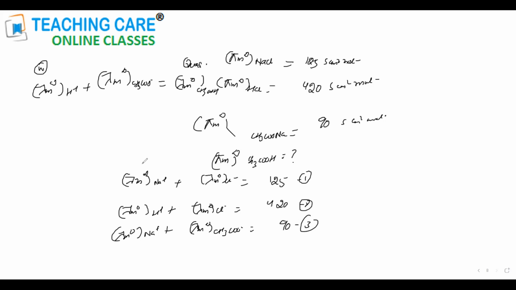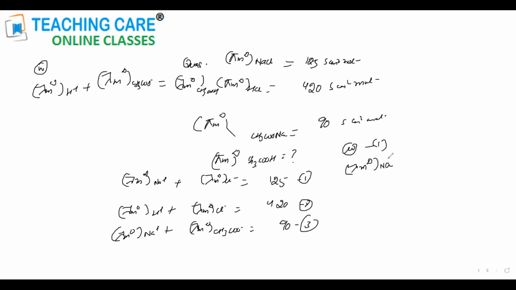First subtract equation number 1 from 3. When we subtract, Na plus gets cancelled out, and we get the molar conductivity of CH3COO minus and Cl minus. So it will be 3 minus 1, right?